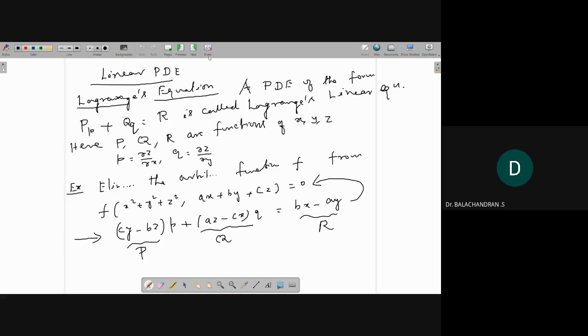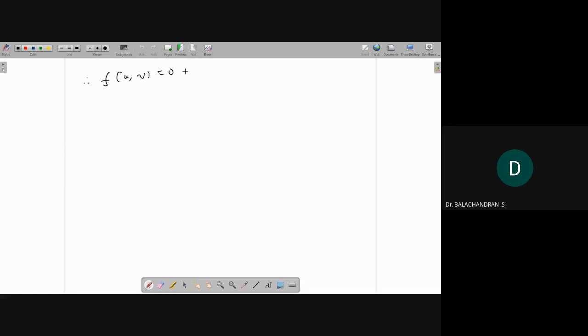So f of u comma v equal to 0 is the general solution of the Lagrange's equation. The Lagrange's equation is Pp plus Qq equal to R. So we call this a general solution because here we have the arbitrary function. That's why we call this a general solution of this Lagrange's equation.